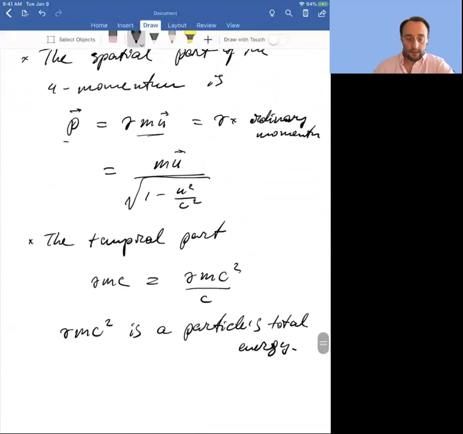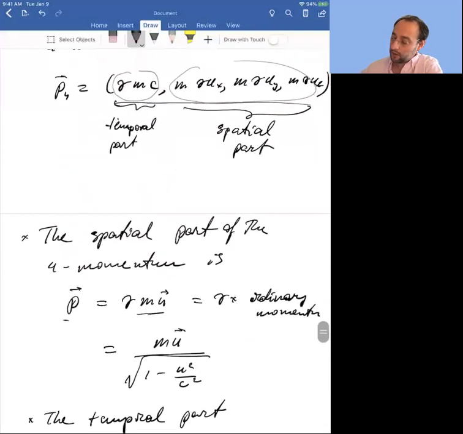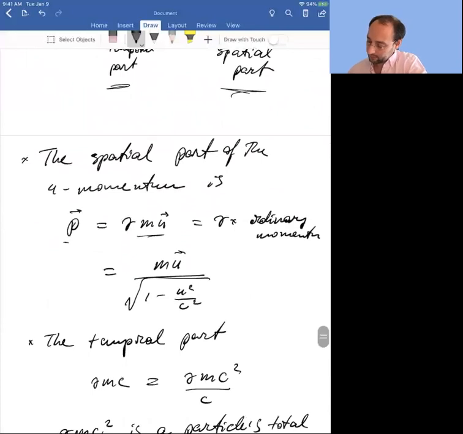We started the lecture from the definition of position, then velocity, then momentum, and it brought us to the point where we need to start digesting what these things mean. I just defined the spatial part of the four-momentum to be the relativistic momentum. So this is called the relativistic momentum.